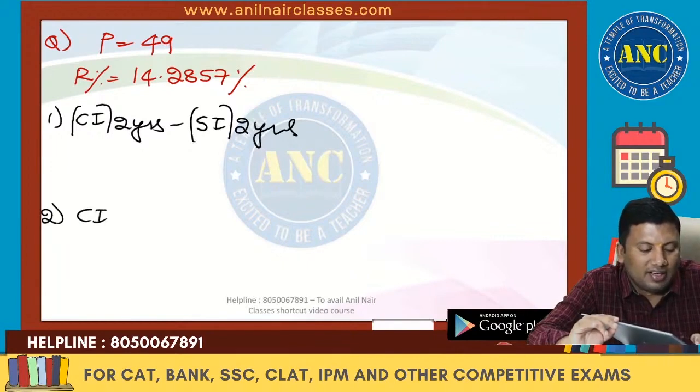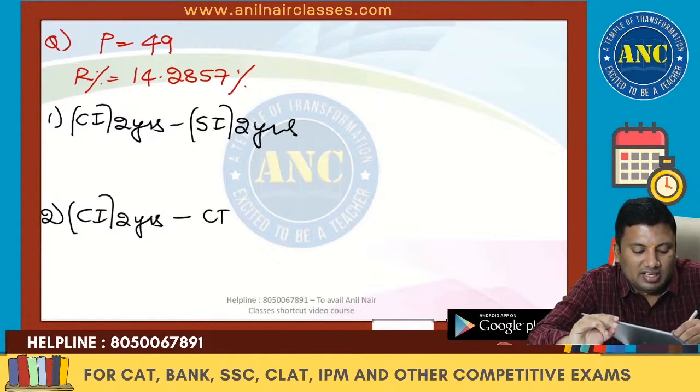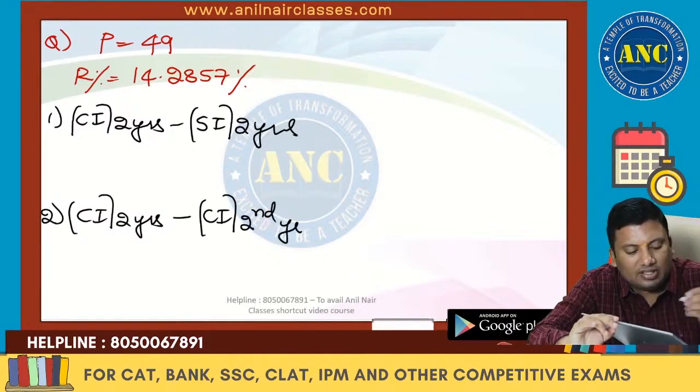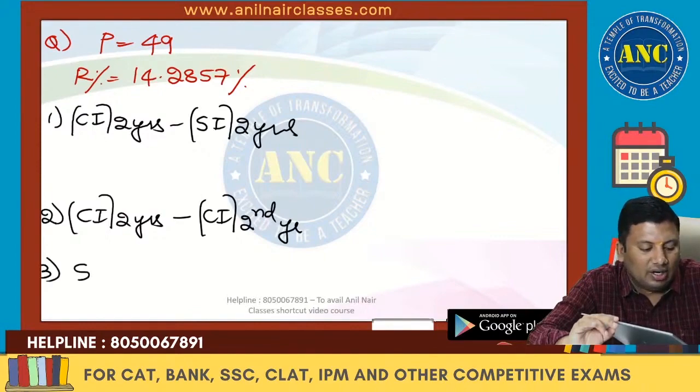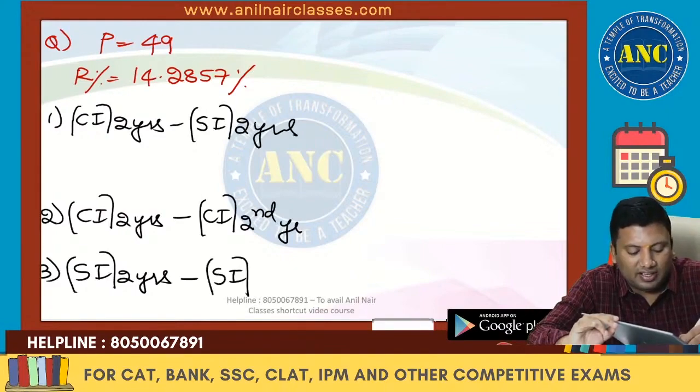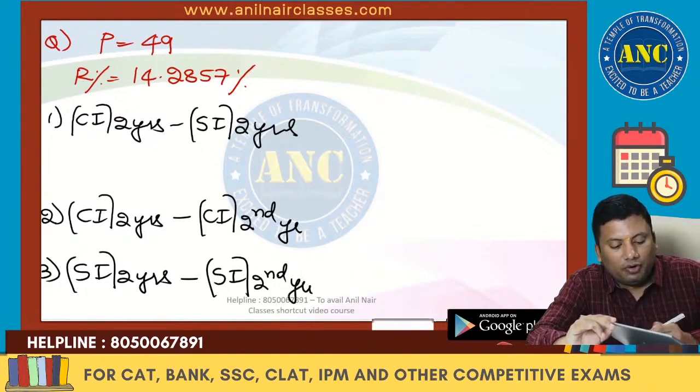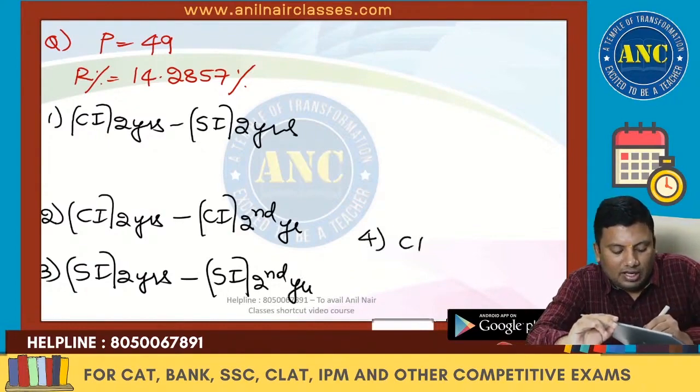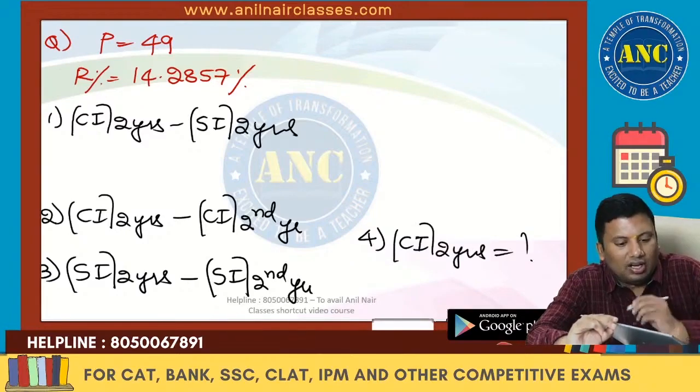Second question: CI for 2 years minus CI for the second year. Third question: simple interest for 2 years minus SI for the second year. Fourth question: CI for 2 years. All that we will solve.